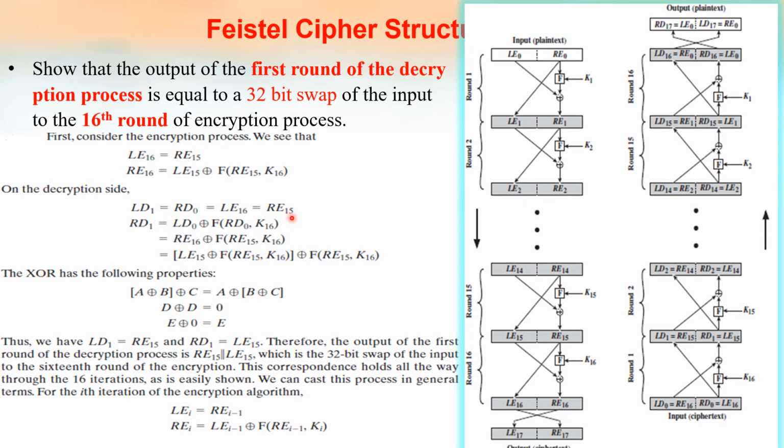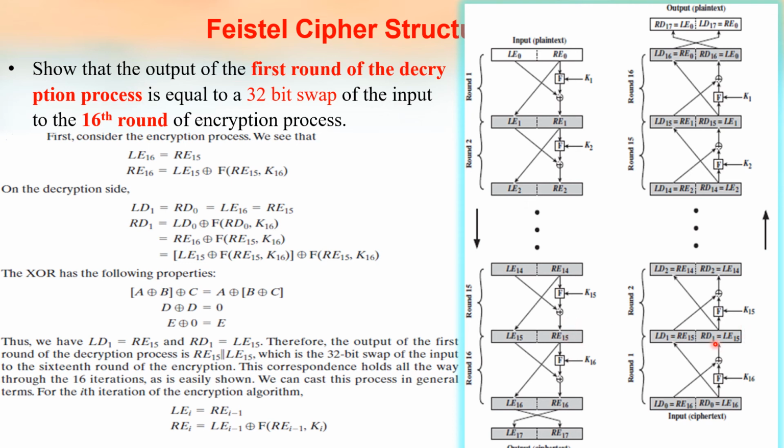We have to make it in terms of 15, then only can we prove this stage. So LD1 is RE15. LD1, the left side of the decryption, is the same as the right side of the encryption. That I have proved.